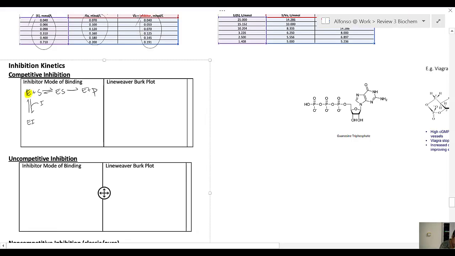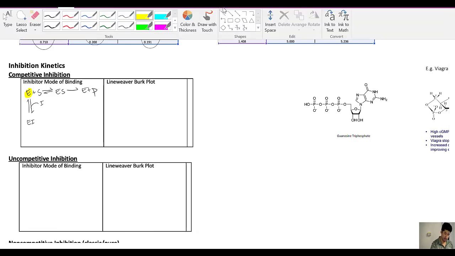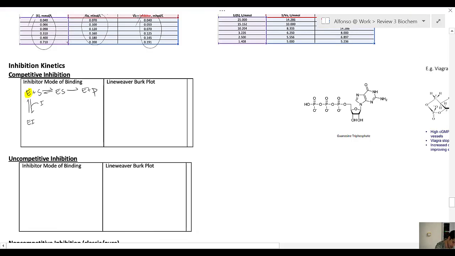So because the inhibitor is binding here with the free enzyme, what do you think is happening to the amount of free enzyme in solution? Is it going up or is it going down? Because the inhibitor is binding to the enzyme, forming the enzyme inhibitor complex, the amount of enzyme is decreasing.